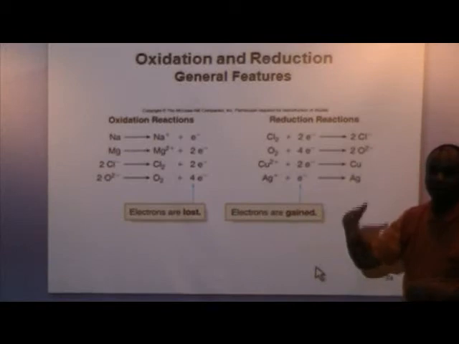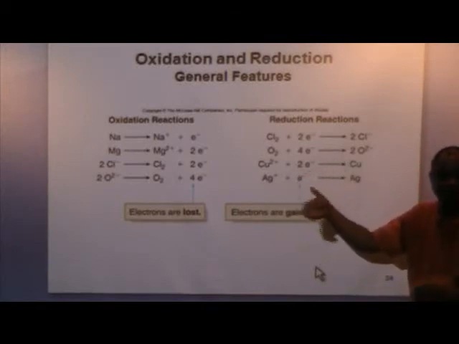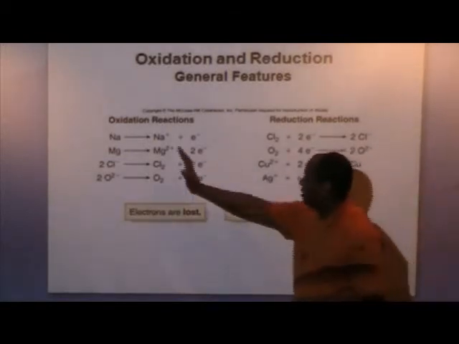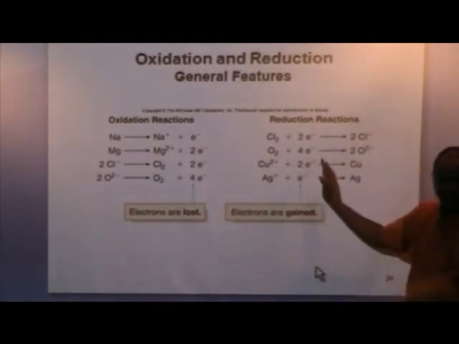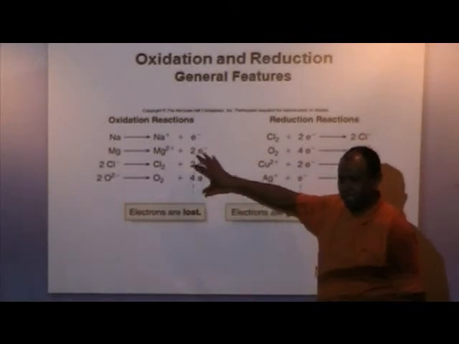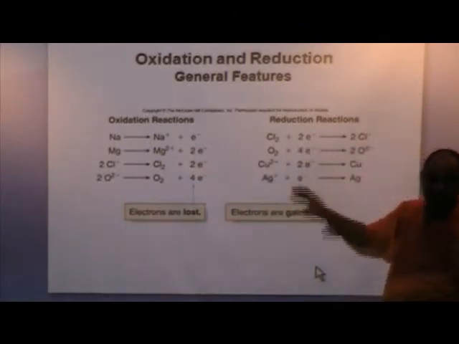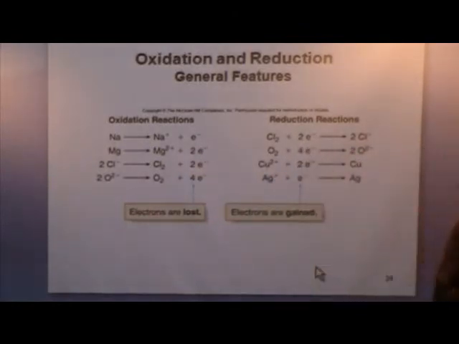I'm not losing, I'm profitable here, while these are lost. They are oxidized, but these are gained. This is like an exothermic process, and this is like an endothermic process. Yes, I would study that way, so that might be easier for you to understand oxidation and reduction.